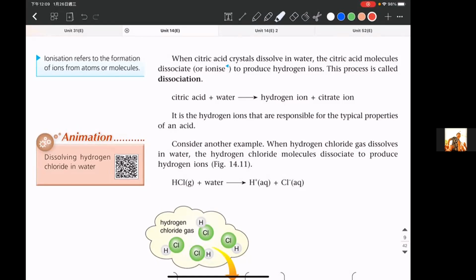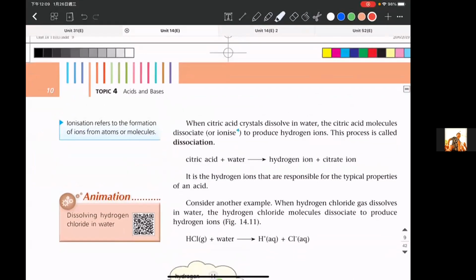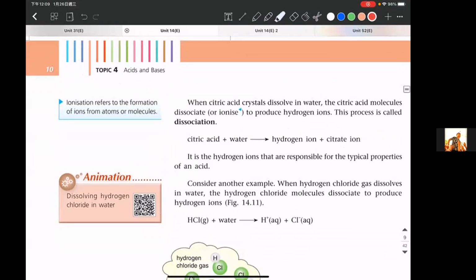Yes, it's not a structure. Someone has given the answer C6H8O7, but it's not a structure. I need a structure. So the structure is something like this. All of you, could you please mark it here?